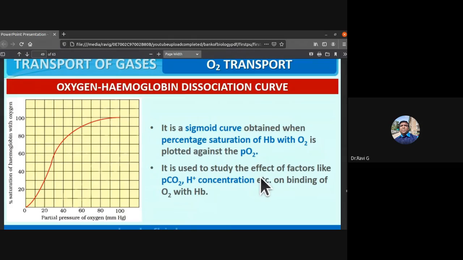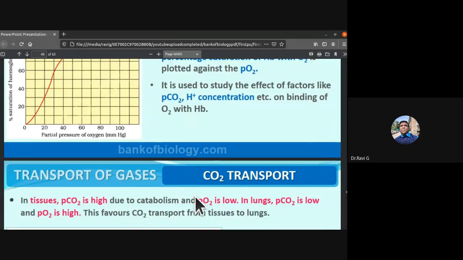It is used to study the effect of factors like partial pressure of carbon dioxide, hydrogen ion concentration, etc. on the binding of oxygen with hemoglobin.